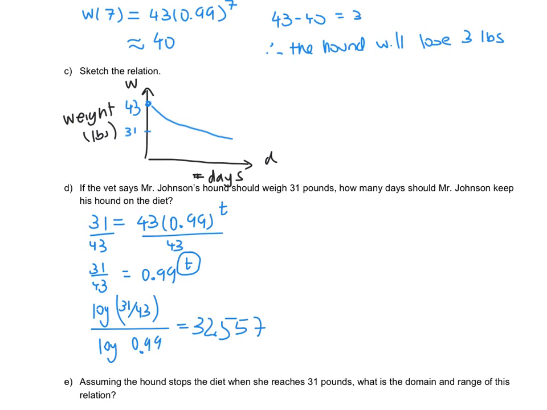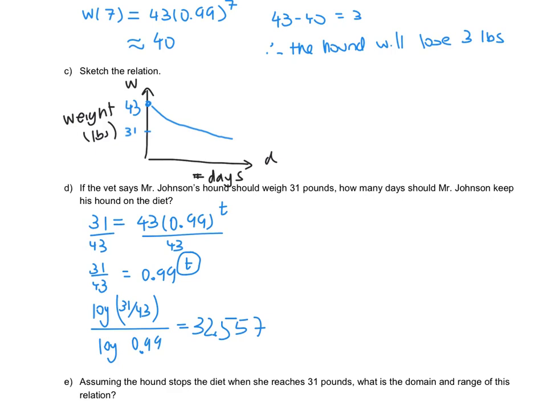Now you have to think here how you want to round. Typically we would round this up to 33 days, but we should test both to see what will actually give us that weight of 31. So if we try 43 times 0.99 to the power of, let's say, 32, the weight is 31.17. So the dog hasn't actually reached 31. It is still a little bit over. If I go to 33, then the dog will be 30.86.